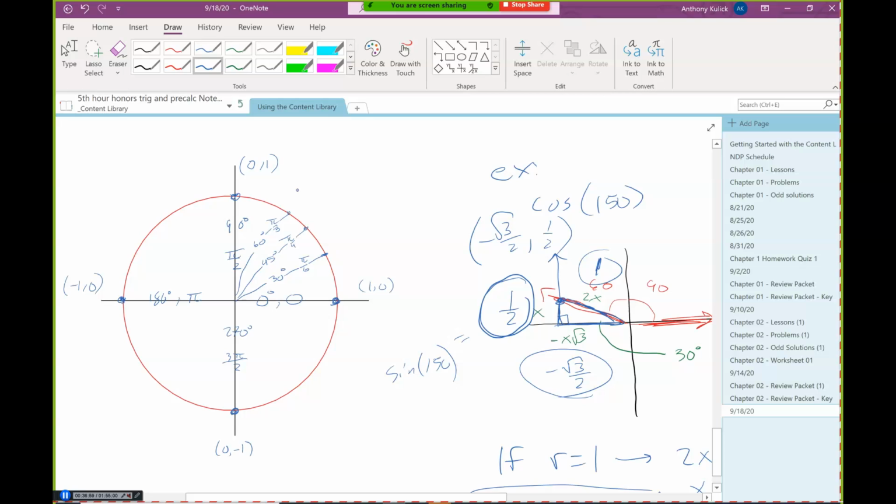So 30 degrees is pi over 6, 45 degrees is pi over 4, and 60 degrees is pi over 3.